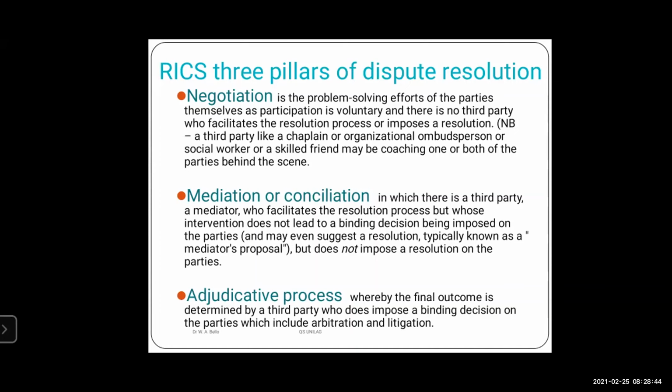So the second process is mediation or conciliation. As earlier said, in mediation or conciliation there is a third party. The major issue there is that there is a third party, and it is that third party that will now mediate. They are aware that it is this third party that wants to resolve the dispute among them.